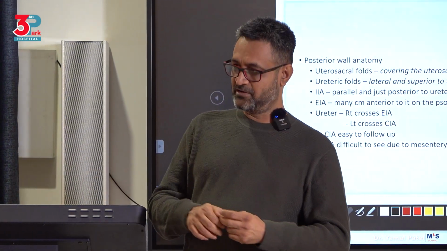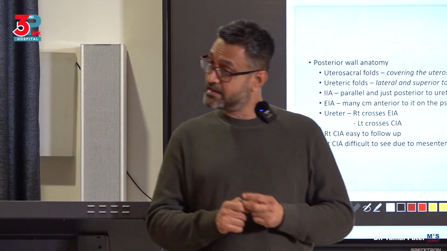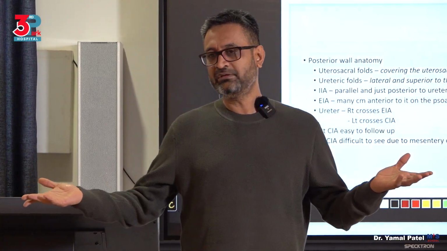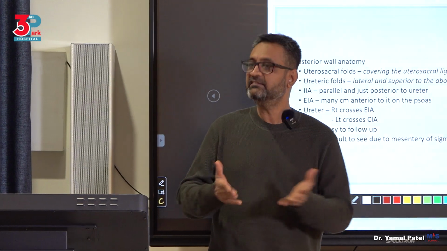In a normal pelvis, I may not need to go there. Do I make sense? But if I don't know this, I will never approach that area. And the moment I approach that area without this knowledge, I'm going to be calling somebody every week saying, I've injured the ureter. So that's what I mean. It's very simple.